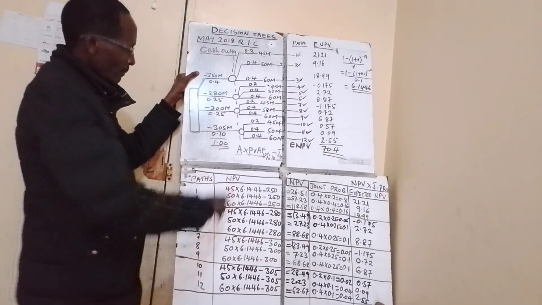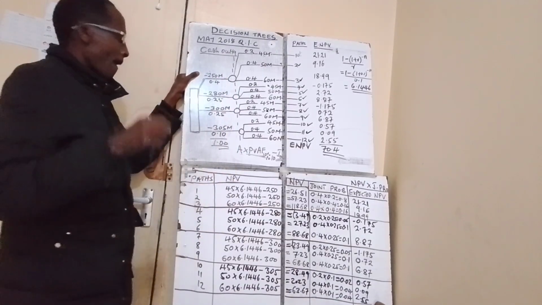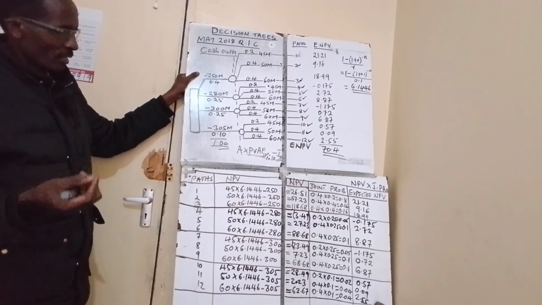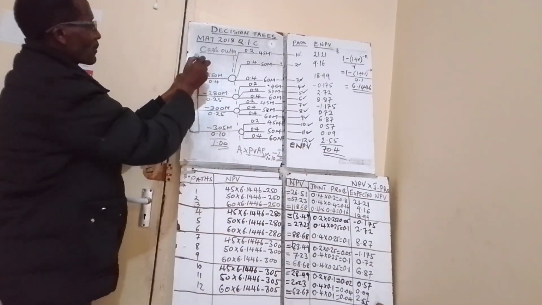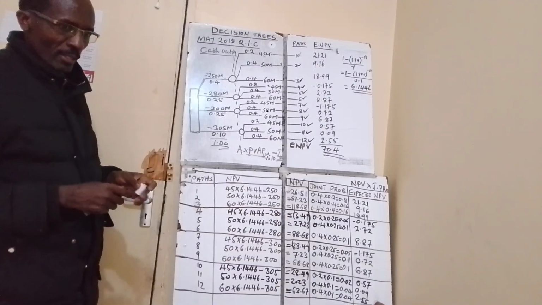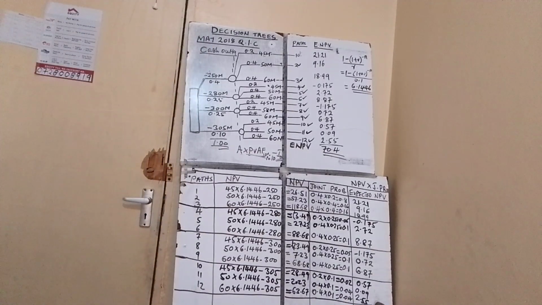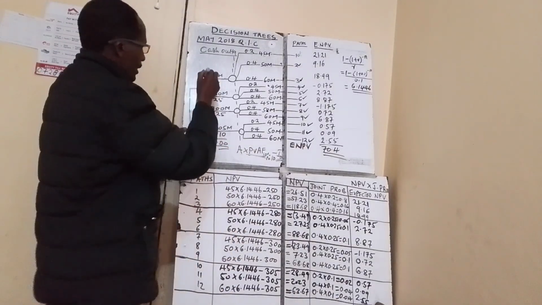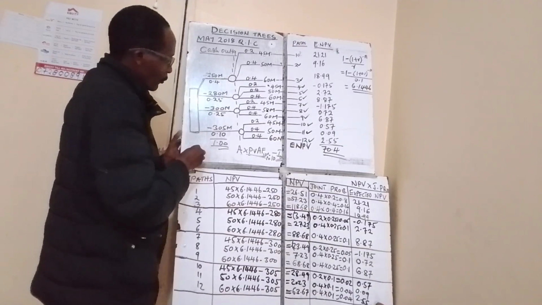So it is an annuity, what we are calling A here. So 45 multiplied by present value annuity factor at 10%, 10 years, which is 6.1446, minus initial capital outlay, 250 million.